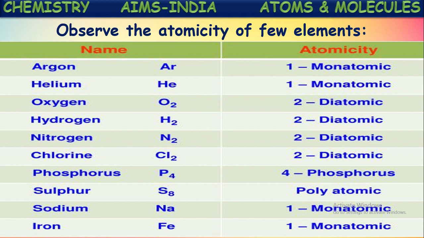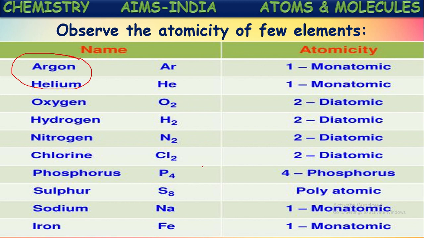If you see, first they have given some elements like argon, helium, neon. What are these elements called, as we have discussed earlier? These are called noble gases. So in noble gases, molecules contain a single atom. So they are said to be monoatomic gases, monoatomic elements. Not only these noble gases, even metals are considered monoatomic.